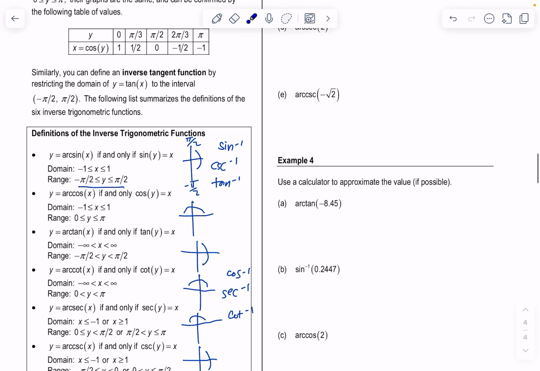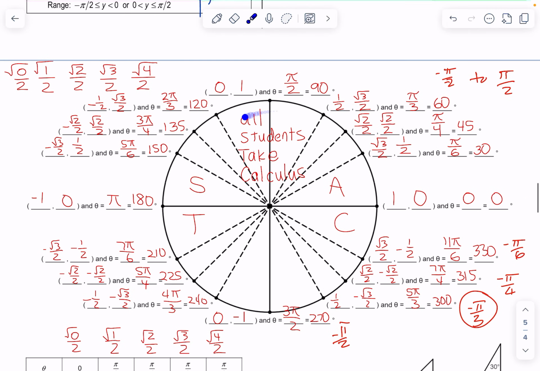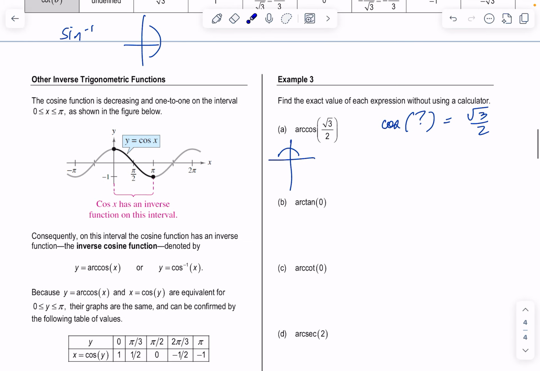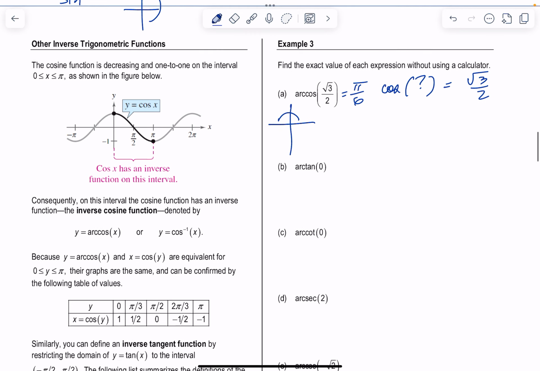So let's take a look. This is the section we're looking for. And square root of 3 over 2 is right over here. So it looks like pi over 6 is the answer again. So we have pi over 6.